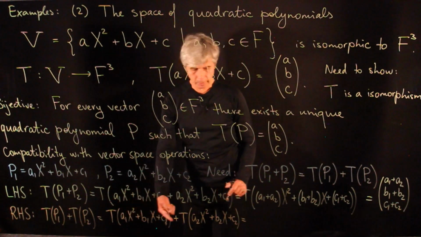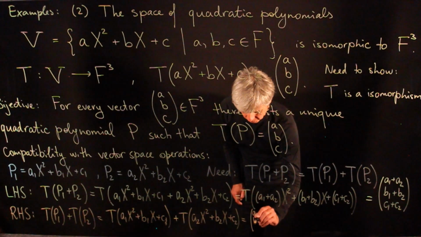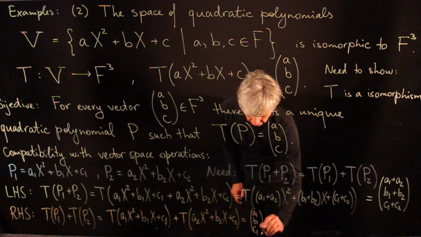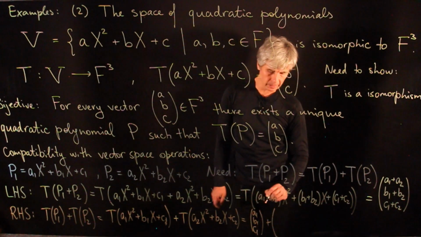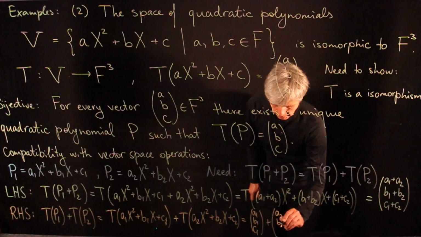Now, the first polynomial is transformed into a three-component vector a1, b1, c1. And the second polynomial is transformed into a three-component vector a2, b2, c2.